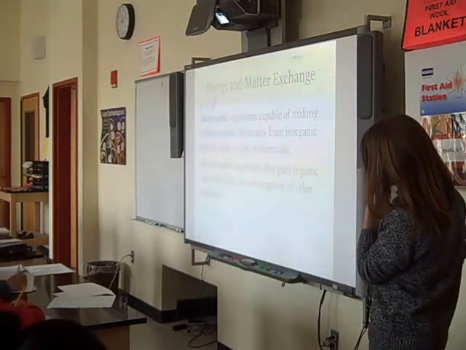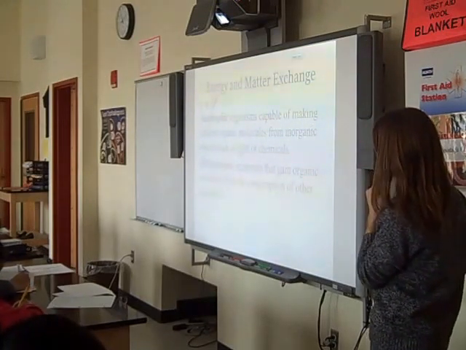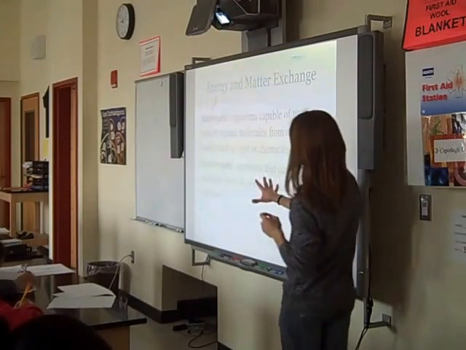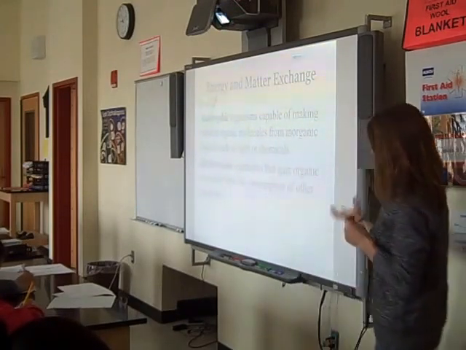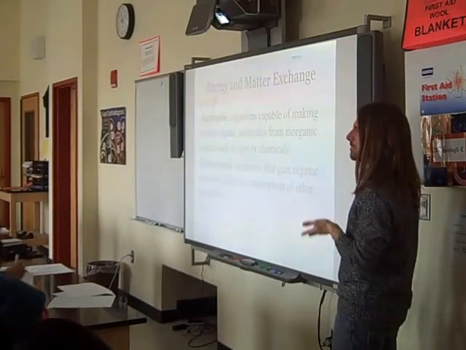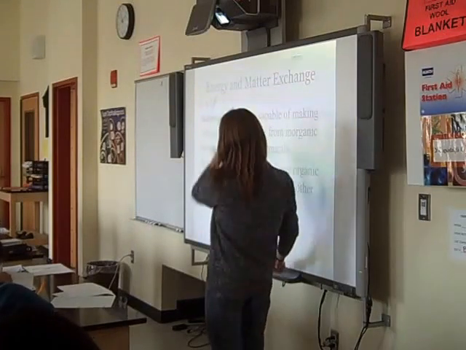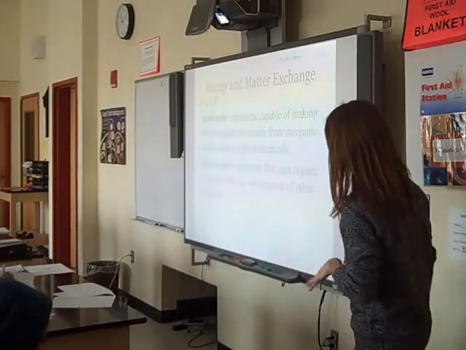Now that we've got these two definitions, right? We have organisms that can make their own food, and we have organisms that have to eat others in order to get nourishment, to get their food. What do we think trophic might mean or relate to? Food. Probably food or eating, right? So we have this word trophic in both of these things, right?